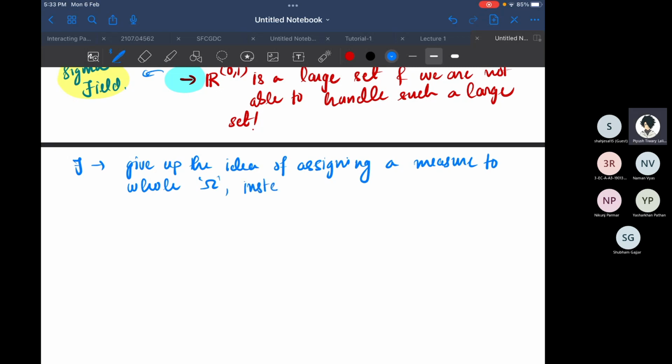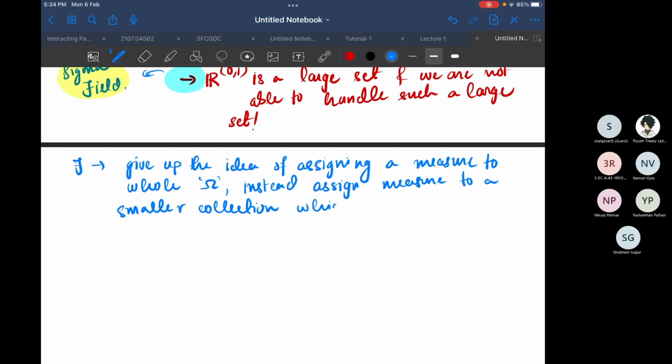Instead, assign a measure to a smaller collection which contains the elements of my interest.